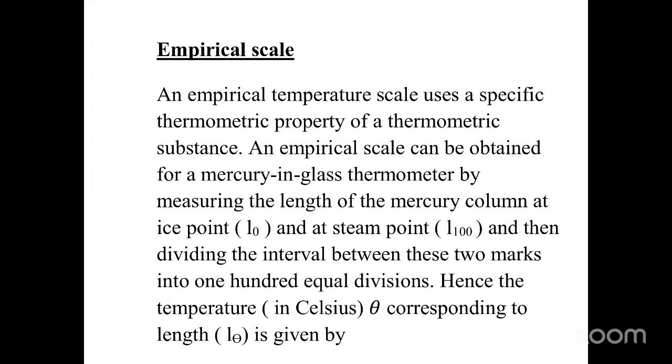Remember that? So you find the ice point, you find the steam point, and then divide 100 times. But for a resistance thermometer or a different thermometer, we have to come up with this nice little formula, and I'm going to show you how to do it on the board. So let's take a look at the proof of this formula.